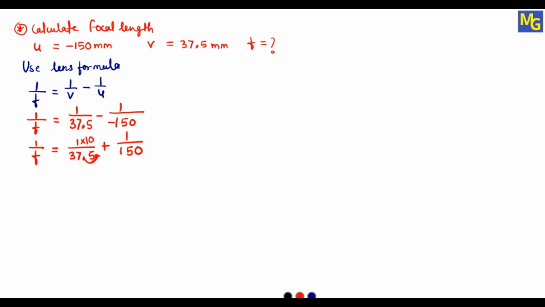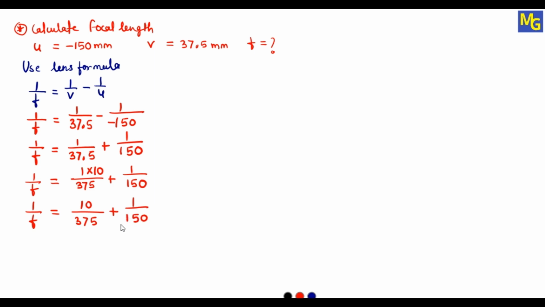So now let me solve this. 1 by f is equal to 1 divided by 37.5. If we remove the decimal, it is 375 and here it will multiply by 10, plus 1 divided by 150. Simply, we can write 10 divided by 375 plus 1 divided by 150.